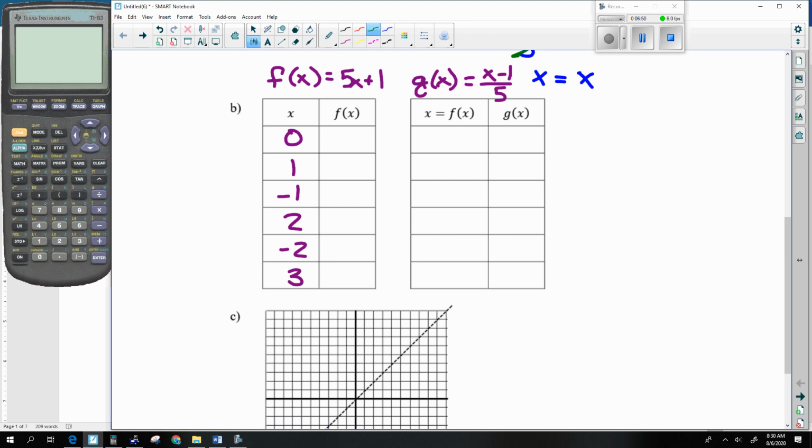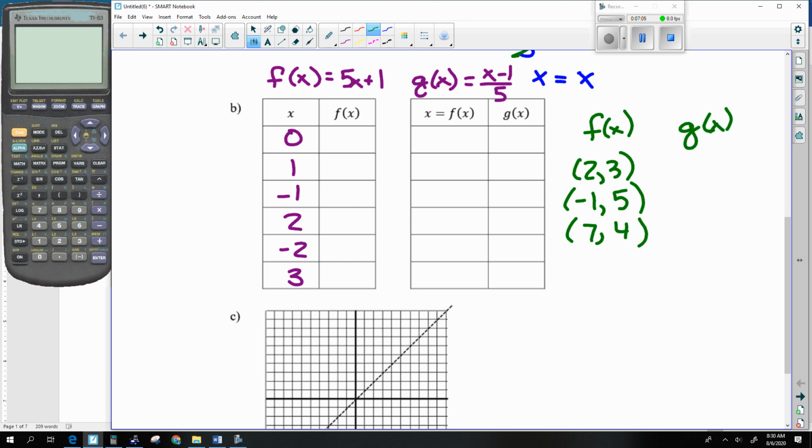So in essence, if f has the points like (2, 3), (-1, 5), and (7, 4), or something like that, its inverse will have the exact same points, but just opposite.